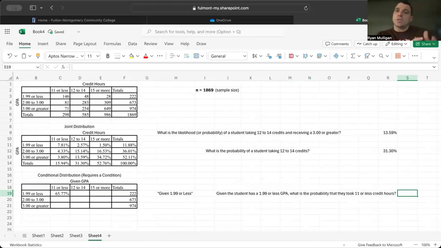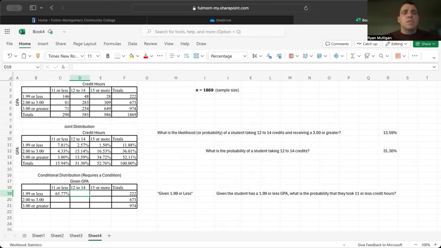And that's the one I just did, because I know that they have a 1.99 GPA because I took it out of the 222. What is the probability that they took 11 or less credit hours? It's that 65.77 because out of all the students who received a GPA of 2 or less, there were 146 that took 11 or less credit hours, which means I'm dividing 146 by 222.